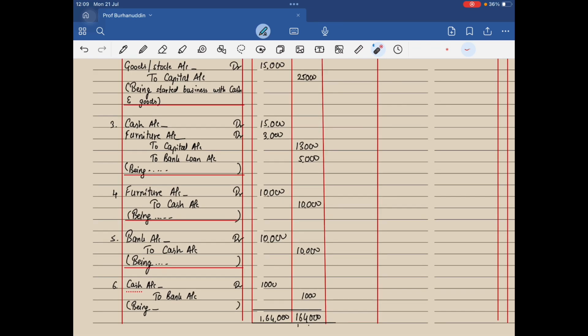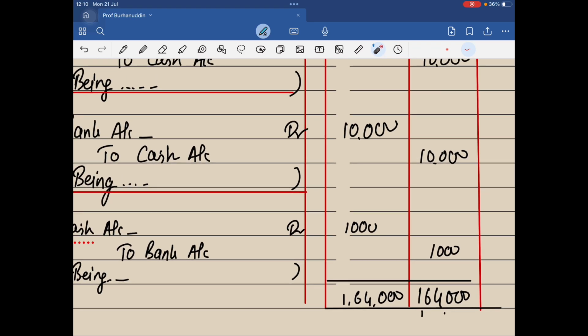First step is done. The second step, now Prakash, you are going to take the balance to the next page, and this is called as balance CF. This is called as balance CF. That is balance carried forward.